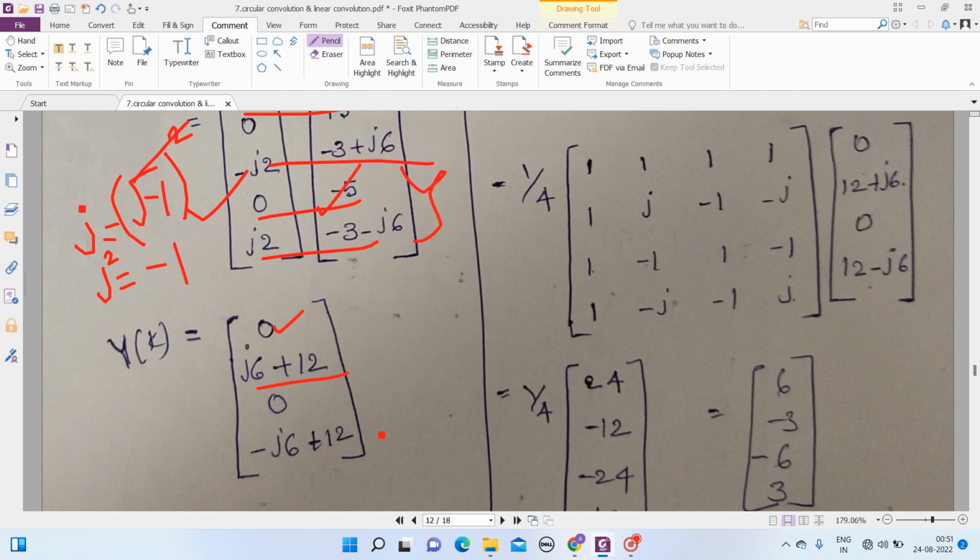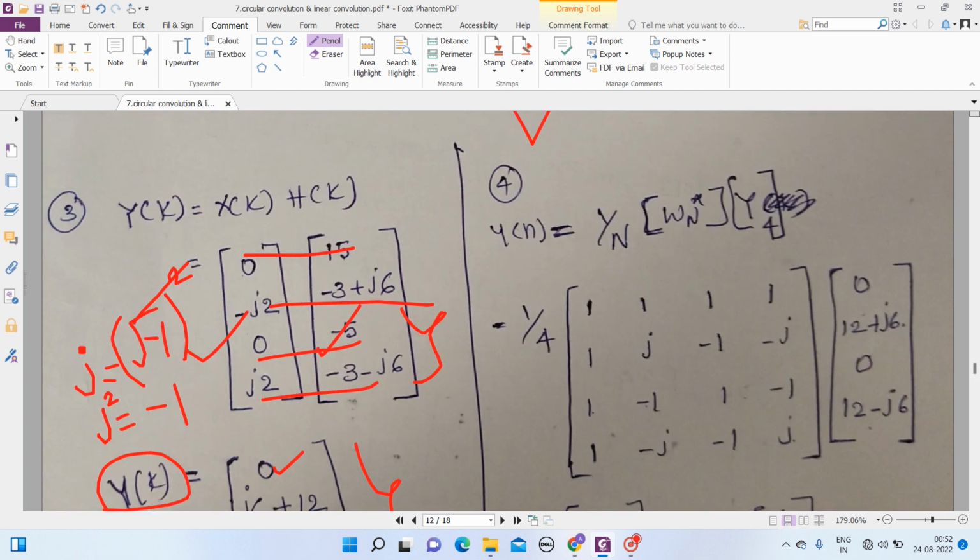Once you have determined the value of y of k, you have to apply the IDFT equation, the inverse discrete Fourier transform, in order to find y of n. The IDFT uses 1 by N, this is the equation you know very well. This is the complex conjugate of the twiddle factor.